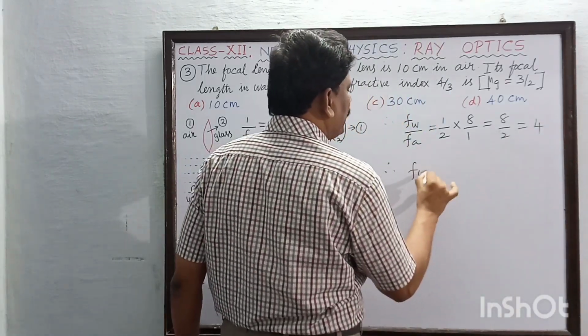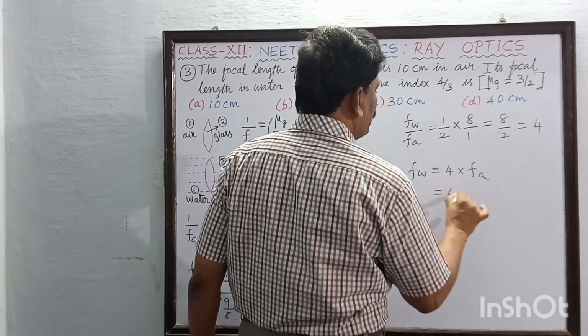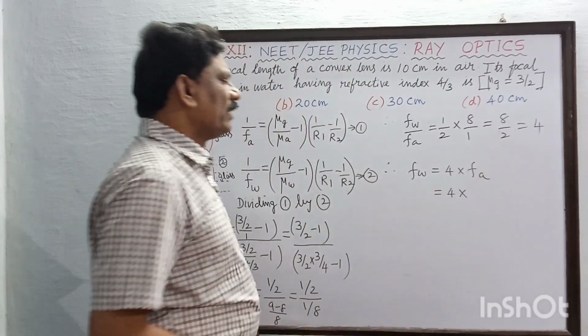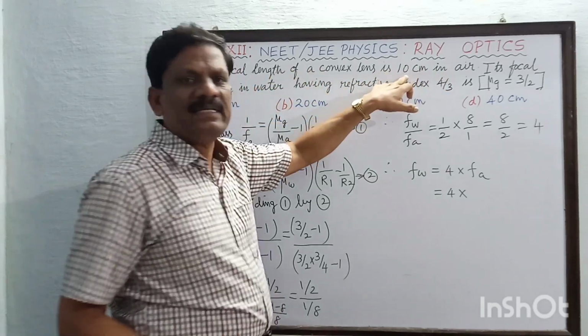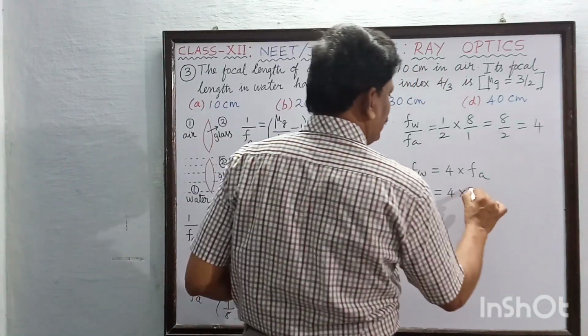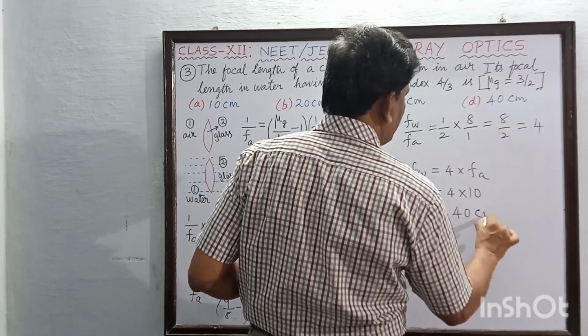Therefore f water is equal to 4 times f air. So this is equal to 4 into the focal length of the convex lens in air, given as 10 centimeter. So this is equal to 40 centimeter.